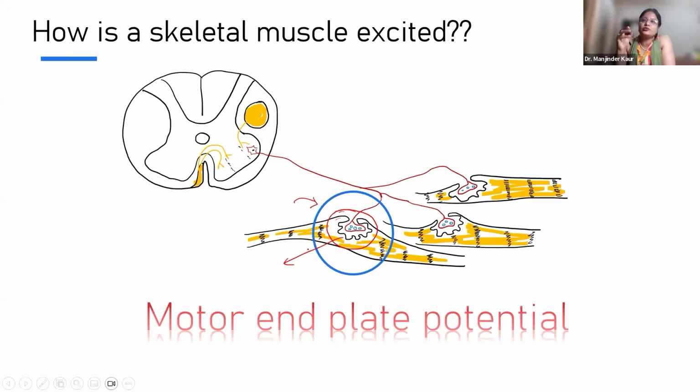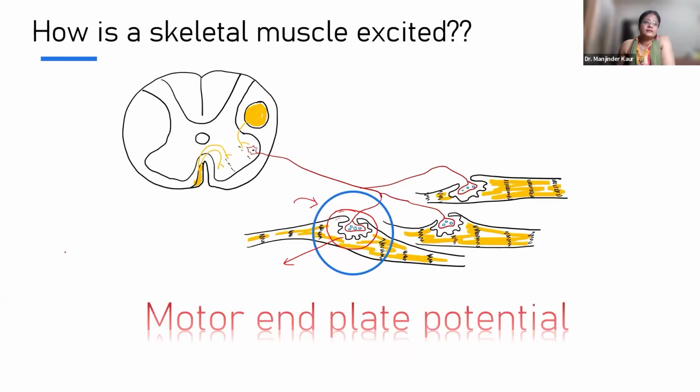So the voltage fluctuation which now appears in the muscle is called the motor end plate potential, because this voltage is generated in the motor end plate. And from here, the potential is transferred to the length of the muscle fiber.